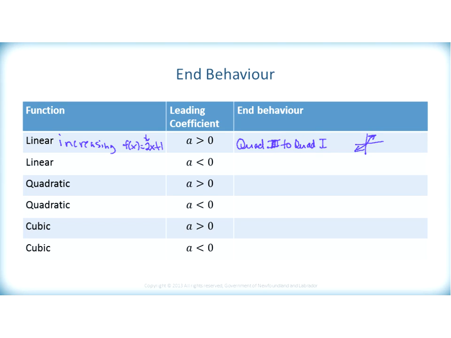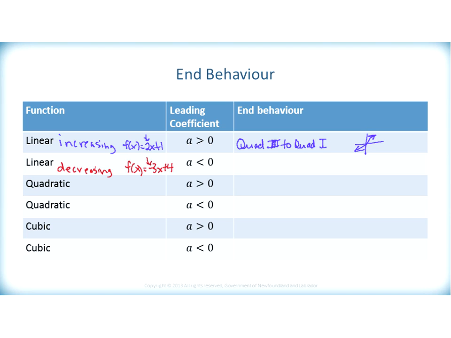We may also have a linear function where a is less than 0. In this case, this would be a decreasing linear function. Something like f of x is equal to -3x plus 4 would be an example, the a value being -3.